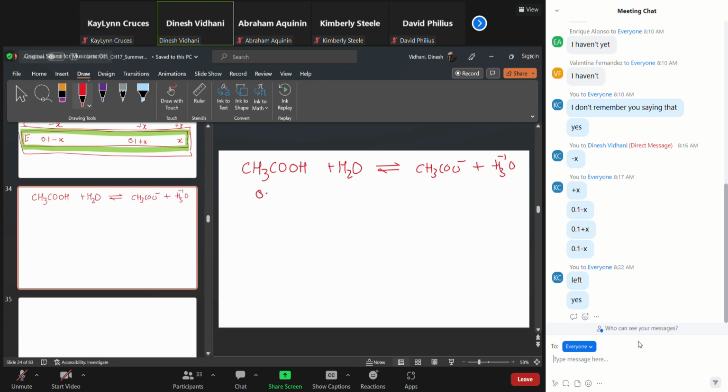And you had 0.1 minus X at equilibrium. This was 0.1 plus X at equilibrium. You have X at equilibrium. Now, if this becomes my initial, change, and equilibrium, in this case, I am adding hydronium ion from outside. What should I write in terms of change?